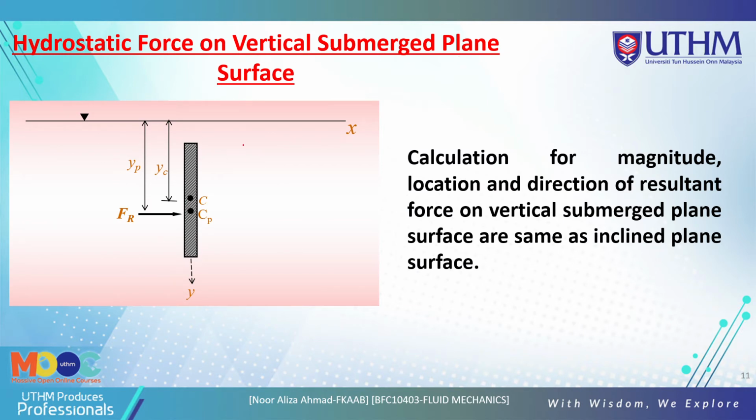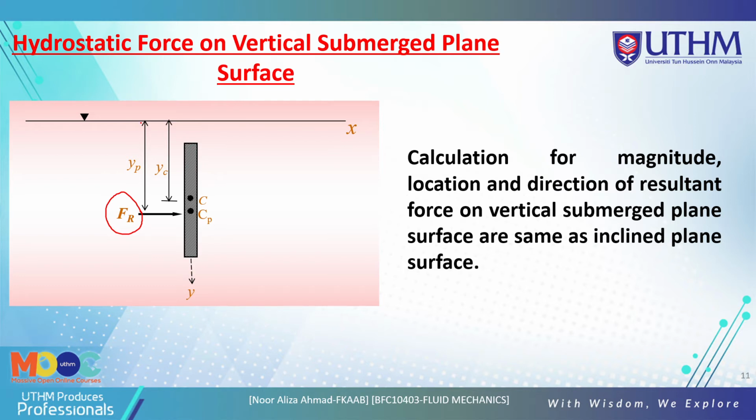Now this is the hydrostatic force on a vertical submerged plane surface. CP is the center of the hydrostatic force, and C is the centroid of this plane surface.